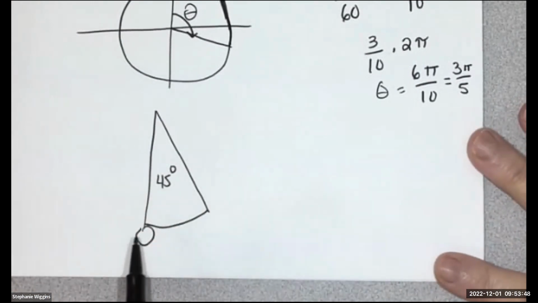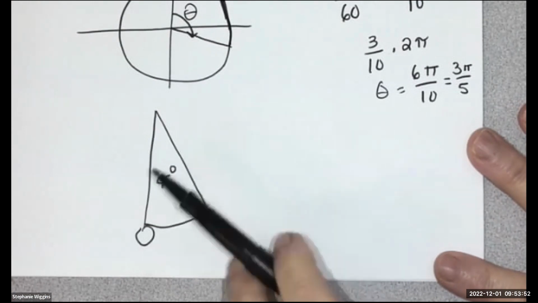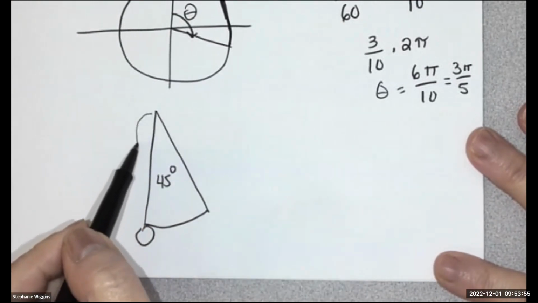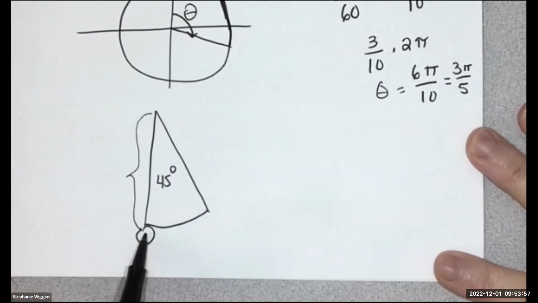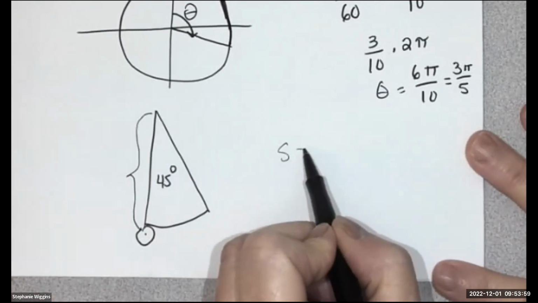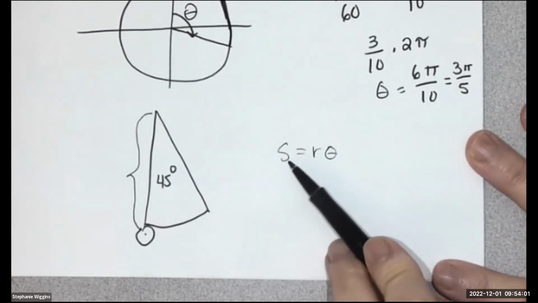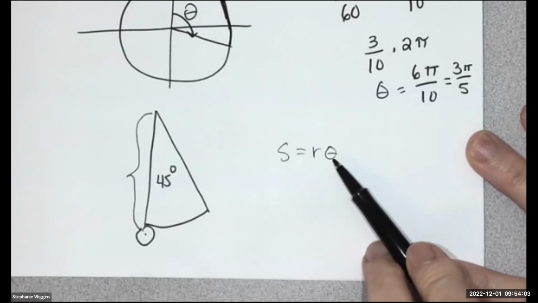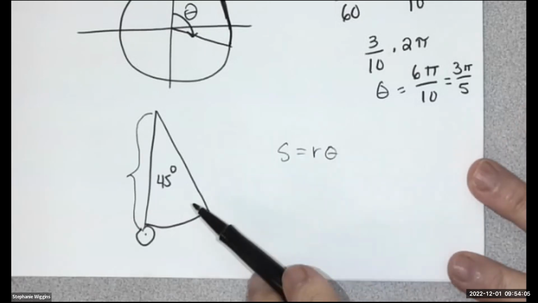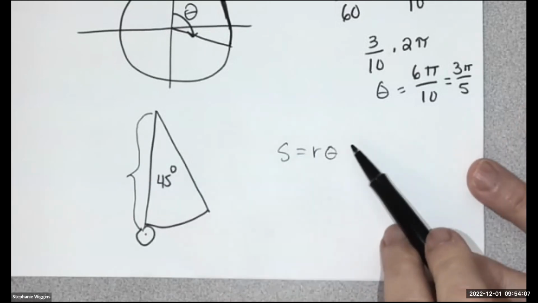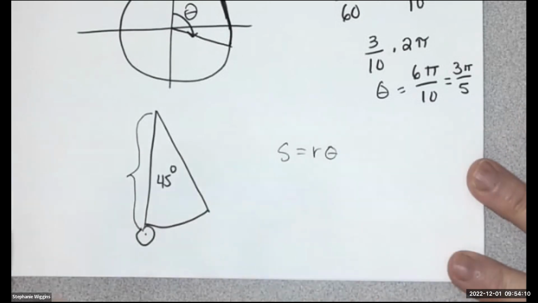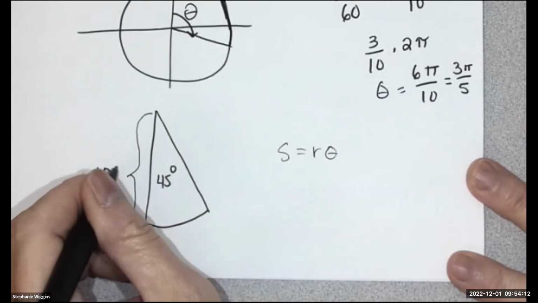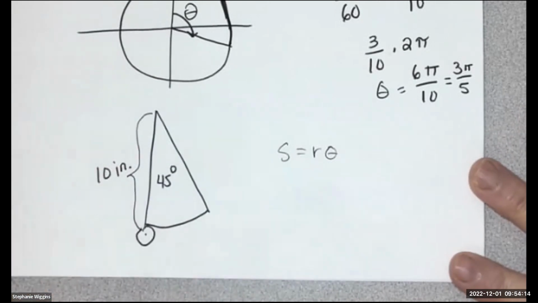So you have to find the arc length, but what you have to know is the length of your pendulum. So S equals R theta. If you're looking for arc length, it's okay to find the theta, let's say it's 45 degrees, but you also have to know the R. So let's say it's 10 inches, okay?